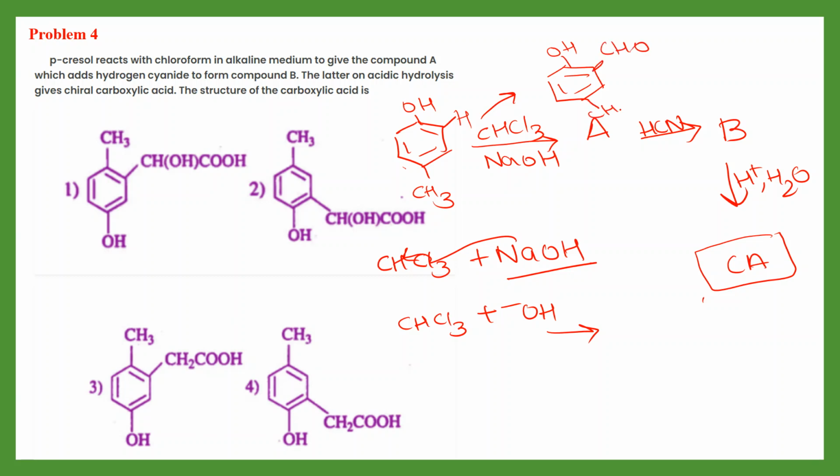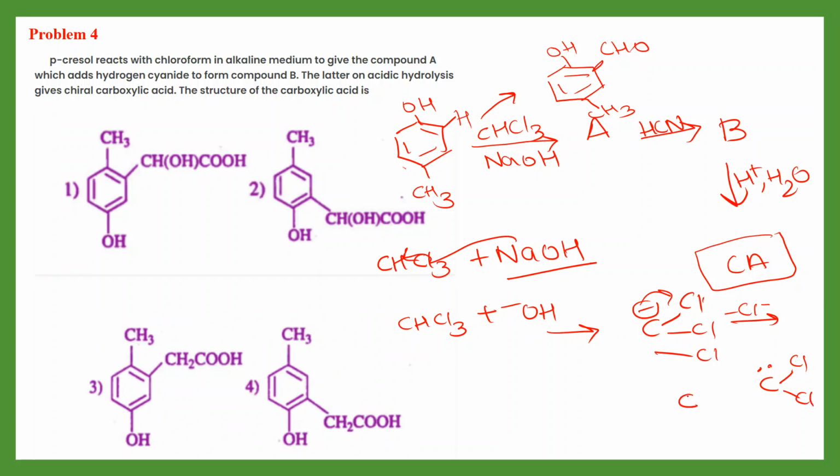And here CH. So in presence of base, this carbanion will form and will knock off one of the chlorines as chloride, and it will form carbene, dichlorocarbene, right?